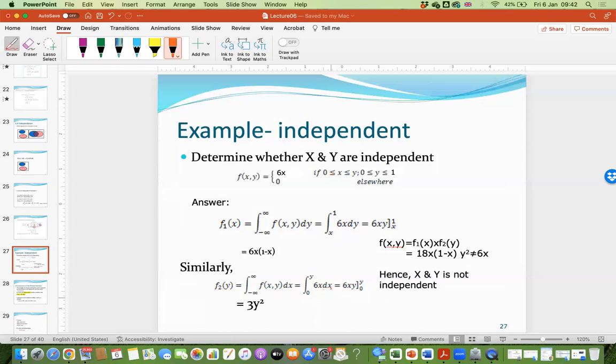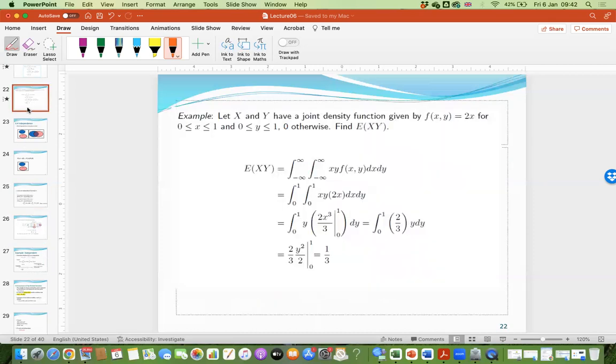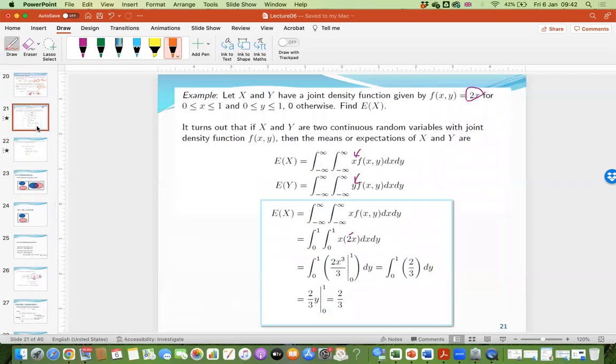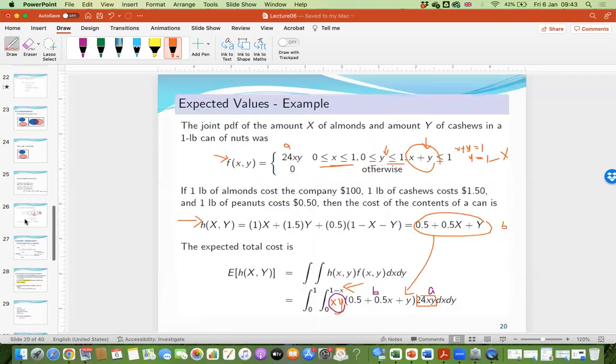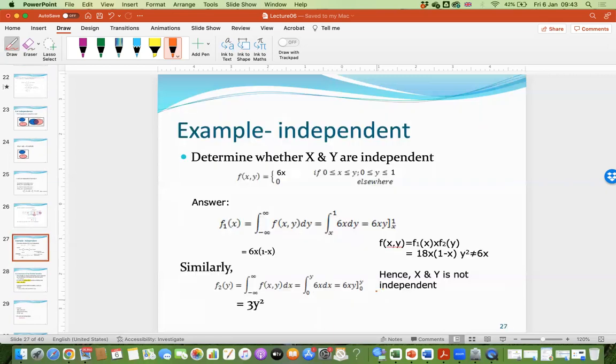So I just do the integration. Check it out first, who knows, we may have made some mistake. For the mean, you need to add x. When you do joint, you add xy. At this condition, we don't need to. So we directly do the integration and you have 3y squared.